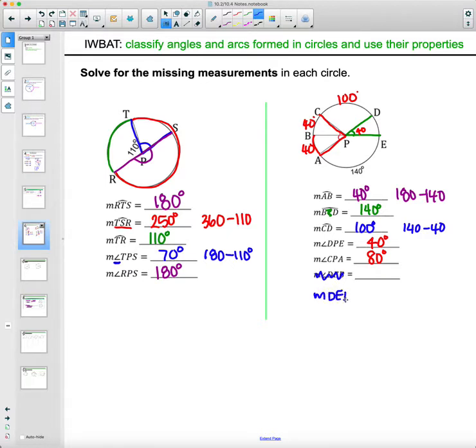I know because E isn't on the inside of the circle, so this should have said arc. So DEB all the way around here. You have 40 plus 140 plus this arc, which is the same as its central angle, 40. So 40 plus 140 is 180, plus 40 again is 220.